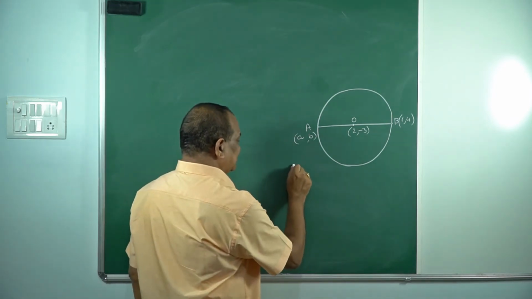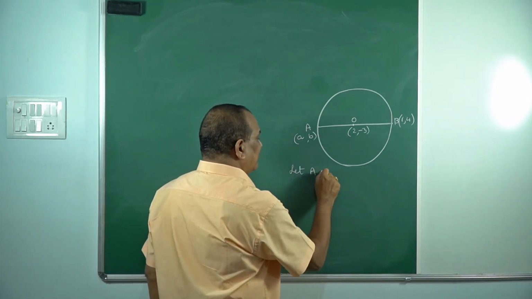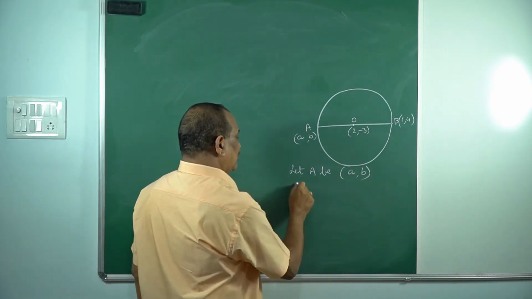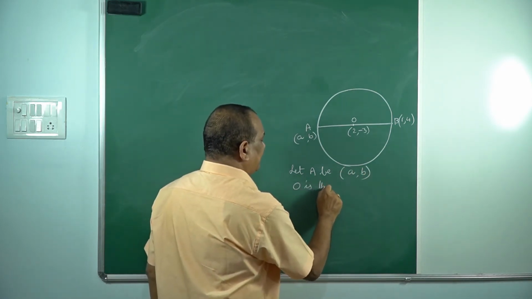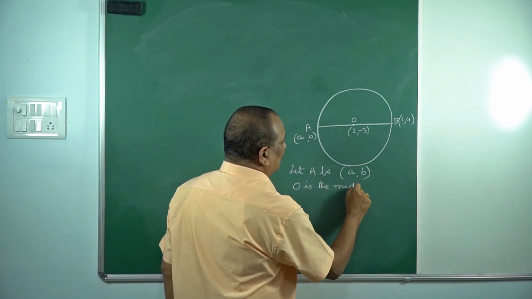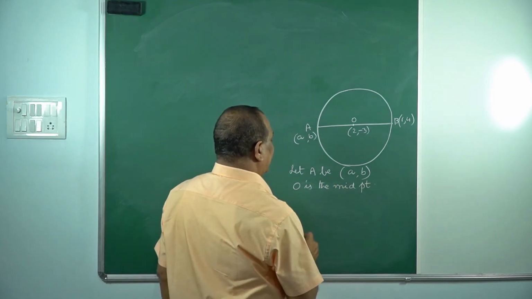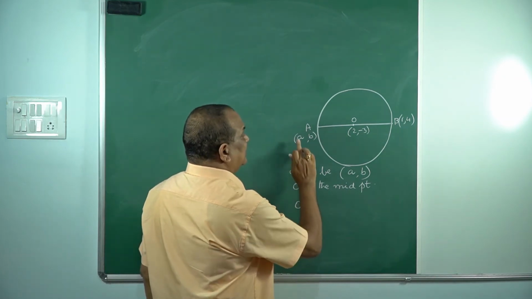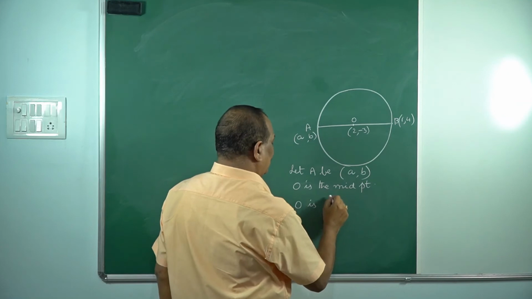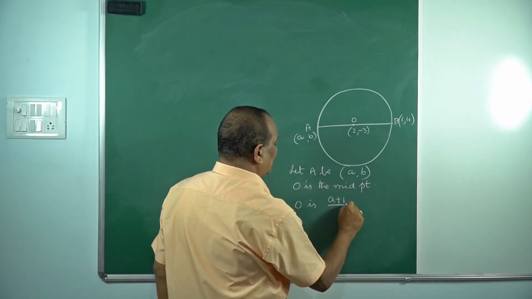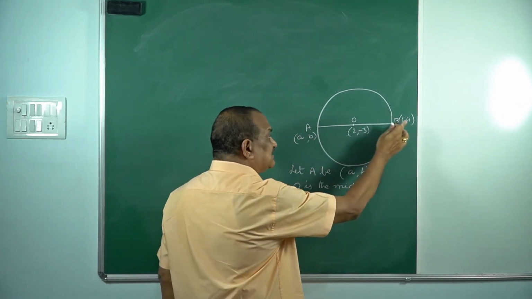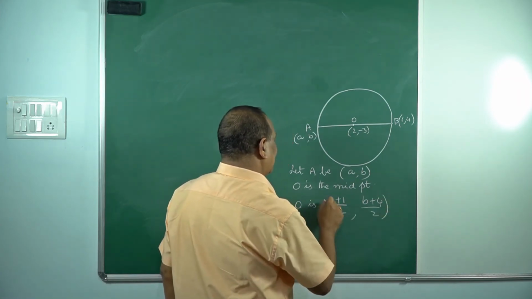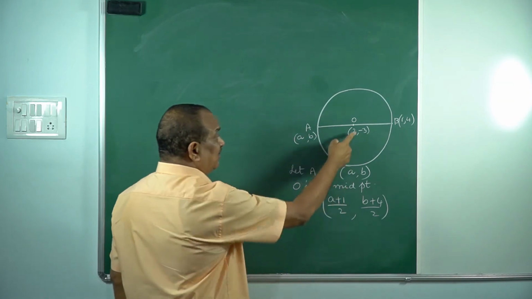So we write like this: let A be A, B. Okay, O is the midpoint. O is the midpoint, and O is A plus 1 by 2, comma B plus 4 by 2. So this is the formula for the midpoint, but midpoint is given.